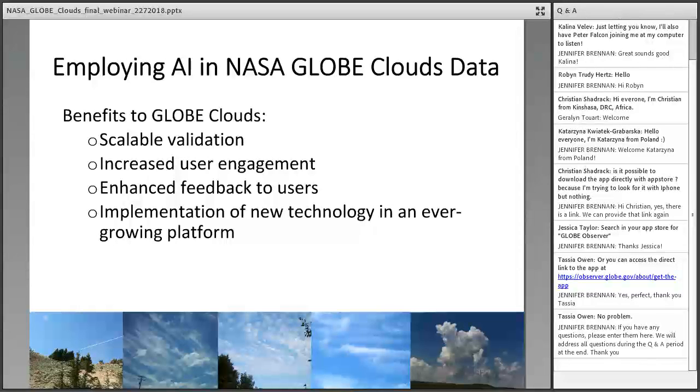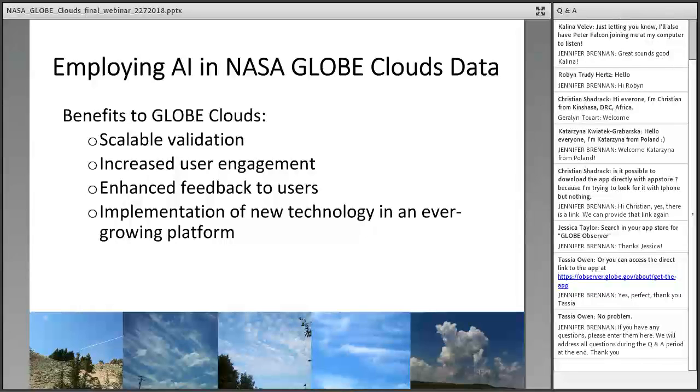Some of the benefits to introducing this technology into the Globe platform is that it will hopefully provide enhanced validation both for us as researchers and for users so that they can make more informed observations. Also, providing feedback to users, because we may not necessarily directly communicate the results of the satellite match to each person.